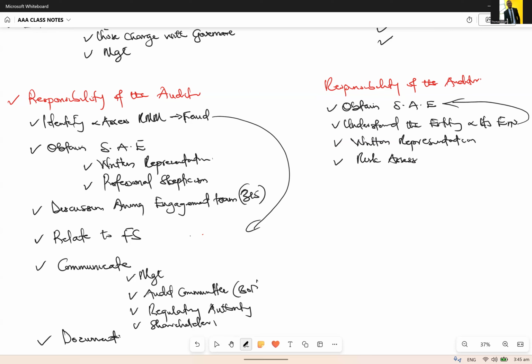Risk assessment is very important. When we say risk assessment, what is the relationship between the risk and the financial statement? Remember, if an entity is non-compliant, it means IAS 1 is at risk, now IFRS 18, because you must say that the client is a going concern.